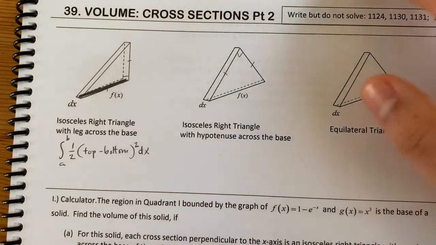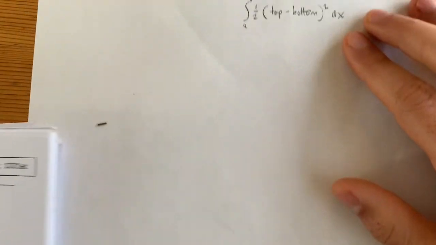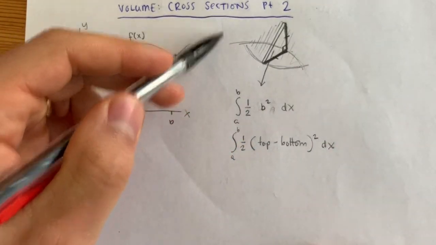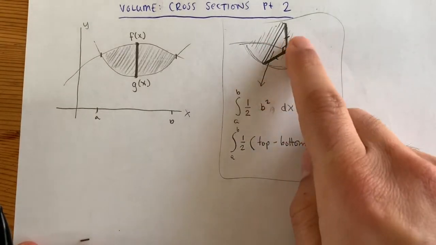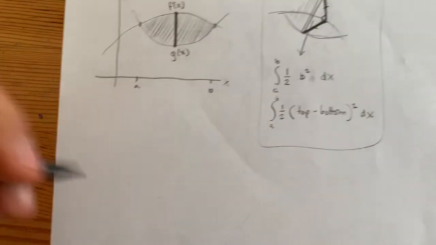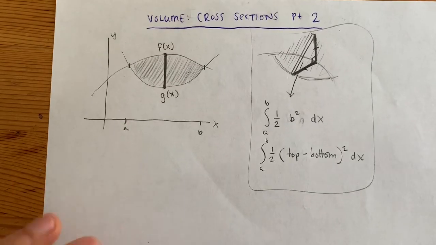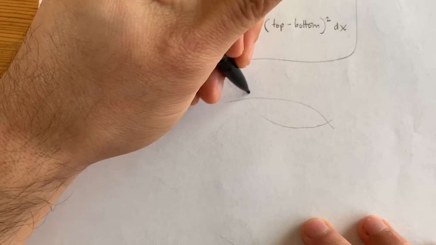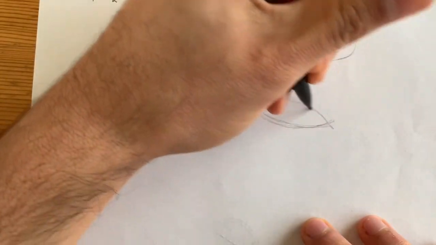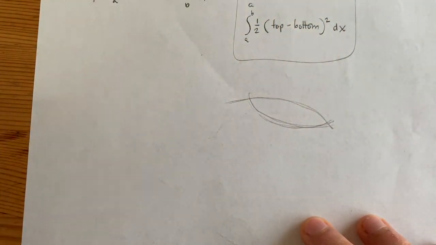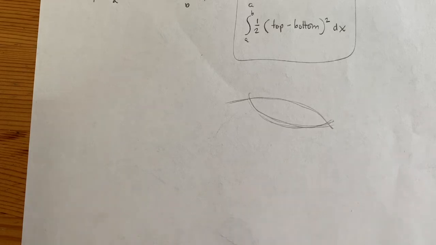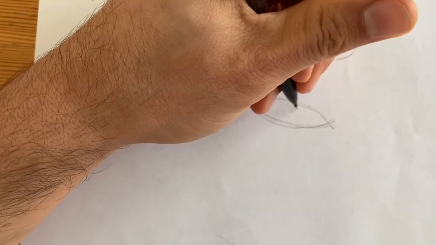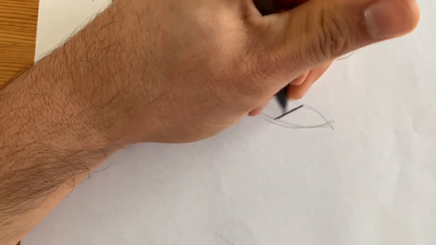All right, now the next one we have, I'm gonna use the same picture up here, but this time we're not gonna use this anymore because this was an isosceles triangle. Let's say this time the shape is, let me try and draw it 3D. Again, this time we're still doing an isosceles right triangle, but this time the hypotenuse is this line right here.